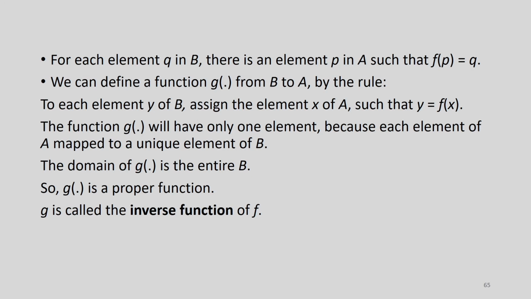We can define a function g from B to A by the rule: for each element y of B, assign the element x of A such that y is equal to f(x).